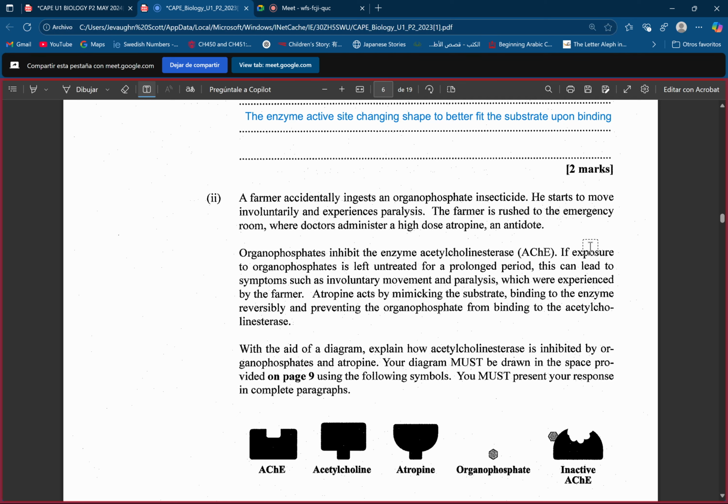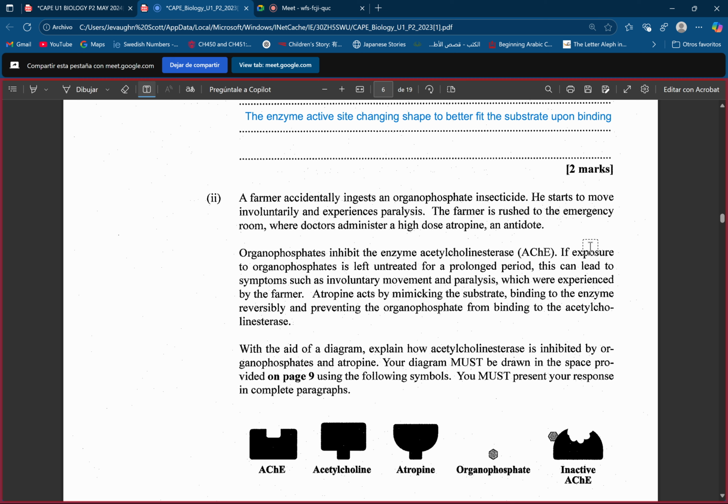Do you know what type of substrate atropine is? So when atropine binds with the enzyme, it binds irreversibly. So what do we know about atropine there? Non-competitive. The non-competitive inhibitor, lovely, right?